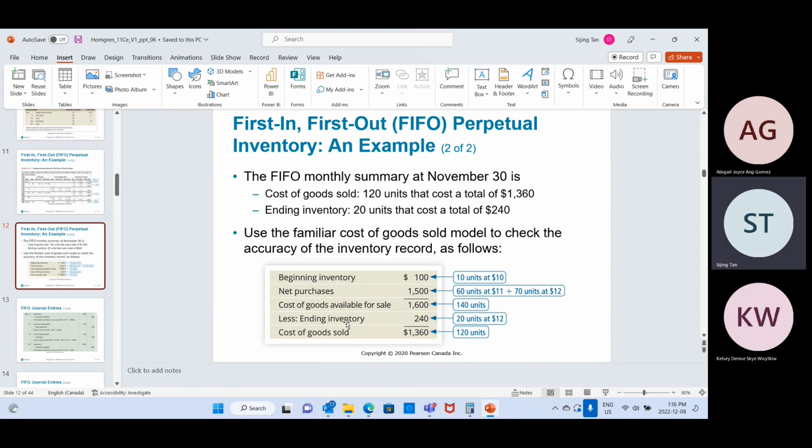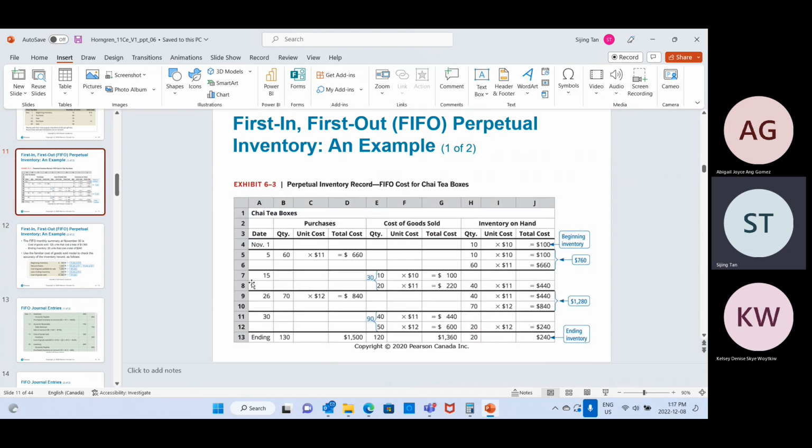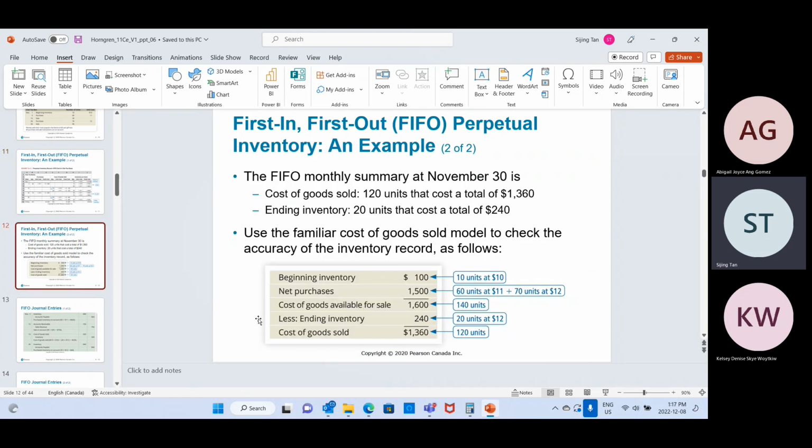And then lastly, the ending inventory, you have 20 boxes at 12. It's already in here, 240. The cost of goods sold will be 1,360. Okay, so this just matches the tables we just made. I just simply gave a format so you can see.